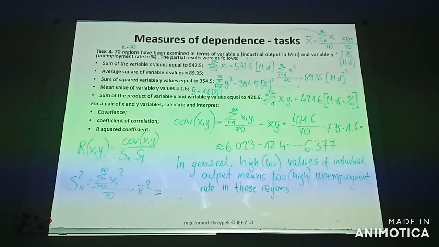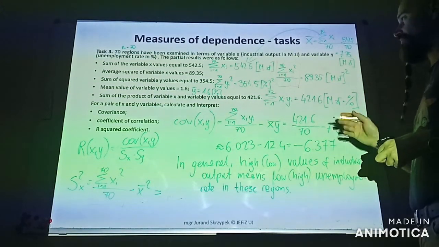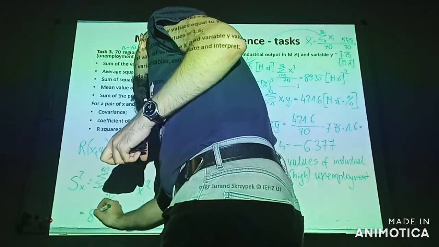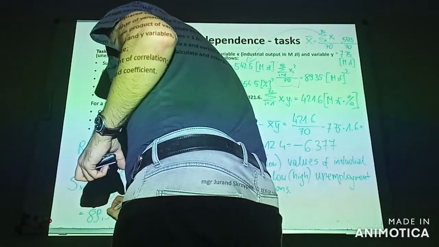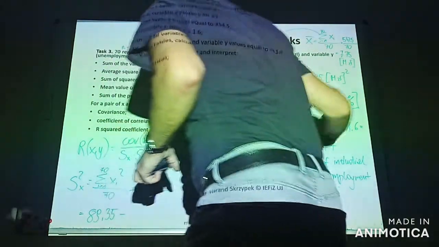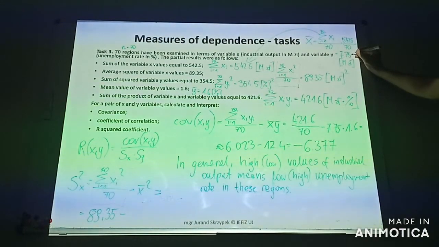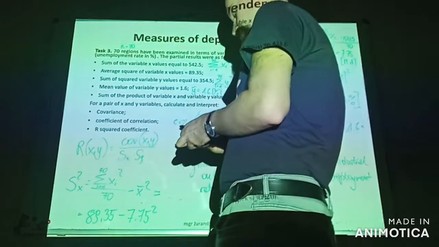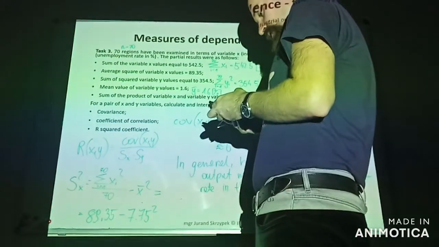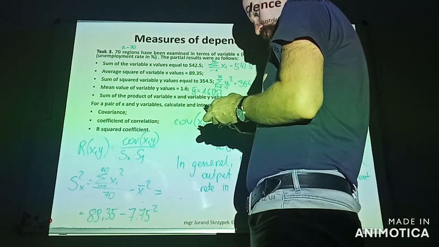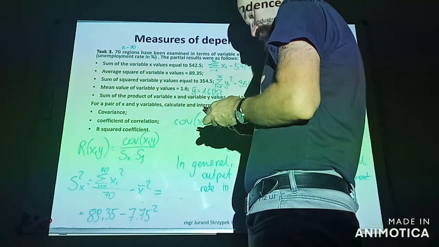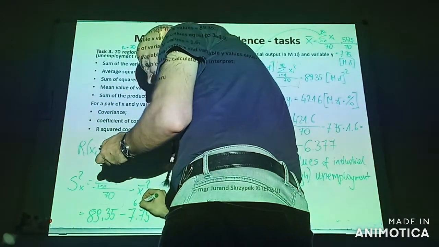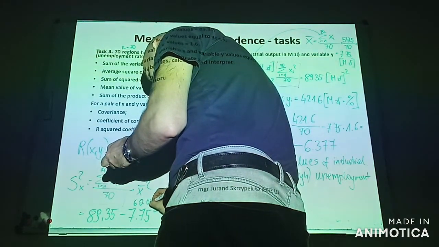The average squared industrial output is 89.35, minus the average industrial output 7.75 squared. 7.75 squared is 60.063.